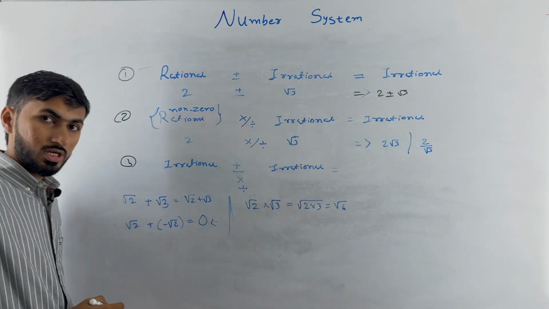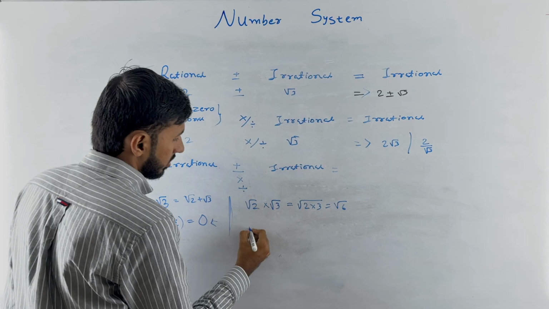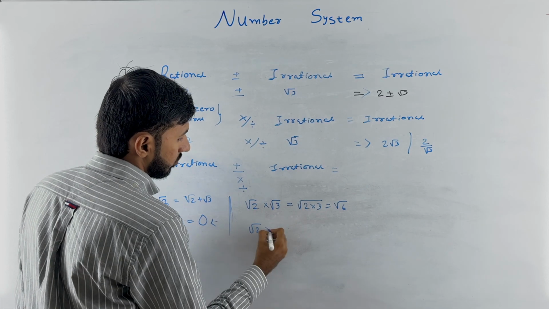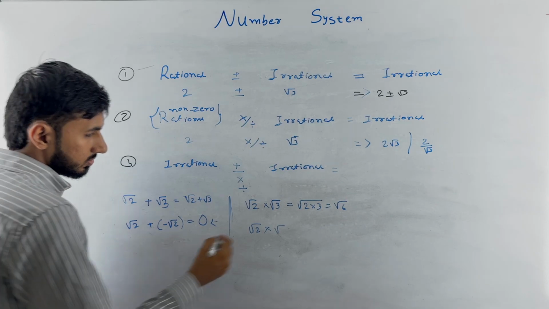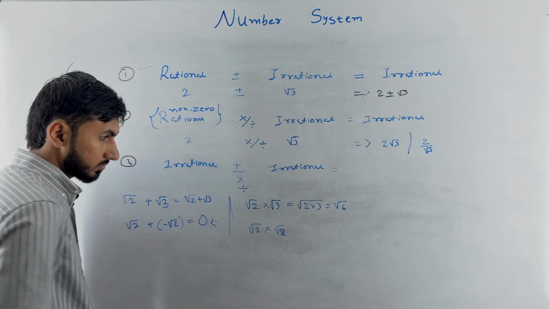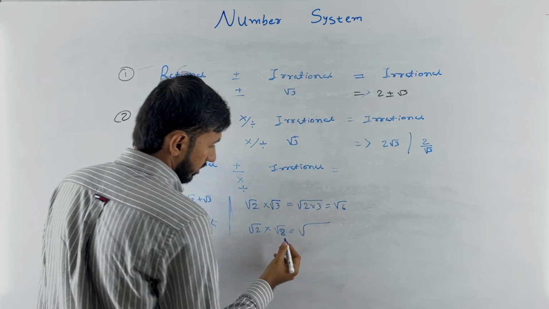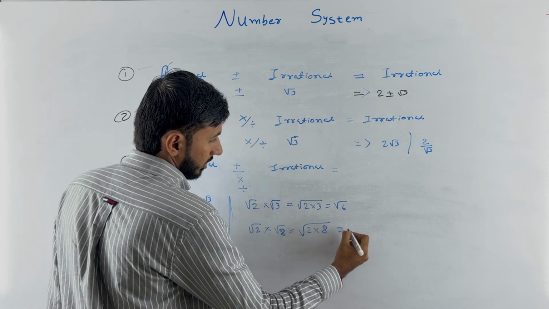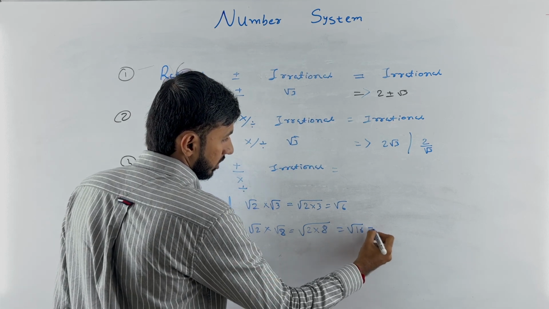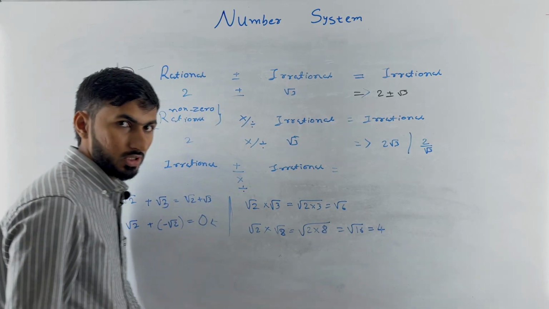Now root 6 is an irrational number, as we all know. Let me take another example, root 2 multiply root 8. Now if I multiply these two, the square root of 2 multiply 8, that is the square root of 16. Now the square root of 16 is 4, as we all know.